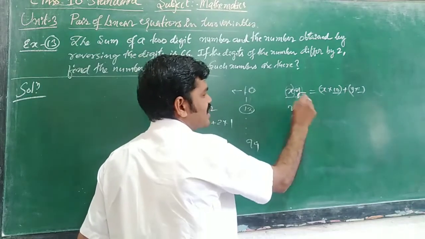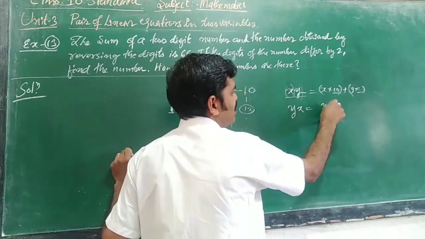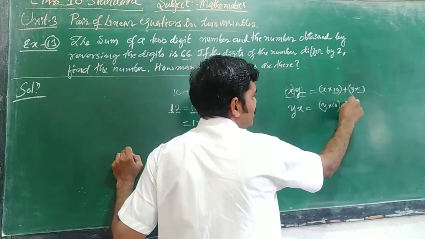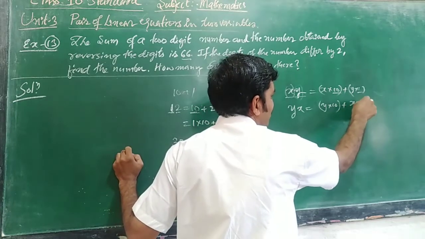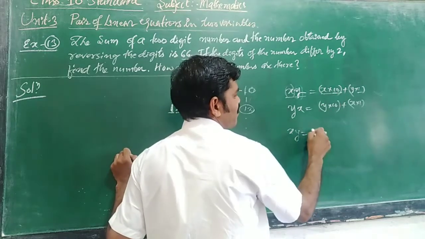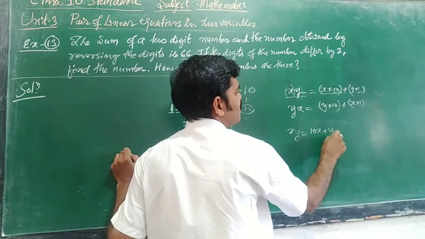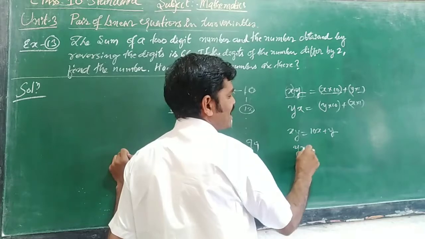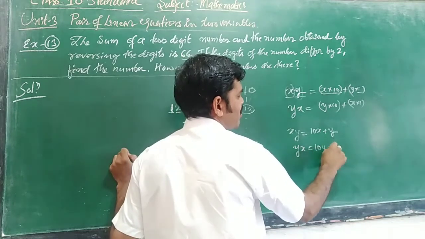If we write this as yx, then it is y multiplied by 10 plus x multiplied by 1. So xy can be written as 10x plus y. yx can be written as 10y plus x.